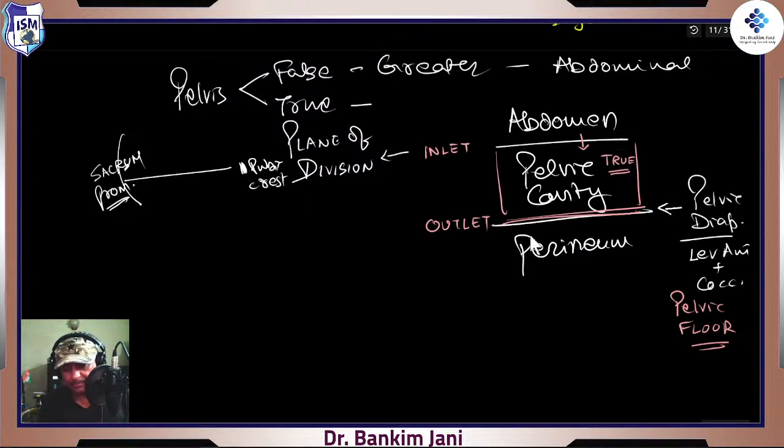But the true pelvis is the pelvis which is smaller and which really starts from the inlet onwards, right? So now you can see those alae are on both sides. The sacrum is lying over here. From the sacral promontory you are drawing a line to the pubic crest, and that is the inlet. Below that it is the true pelvis, and just above that is the false pelvis. We'll see the image also.